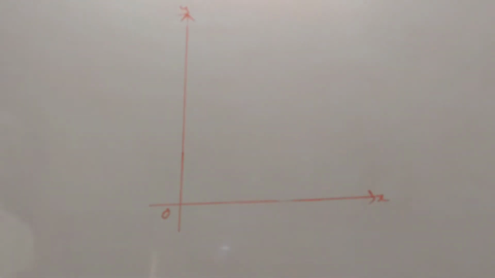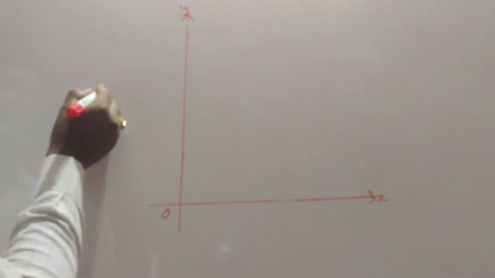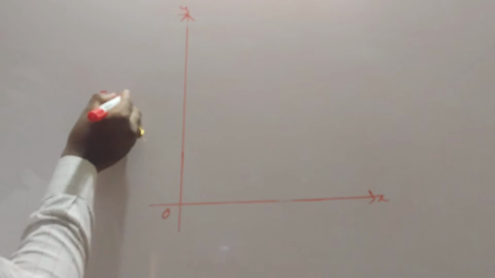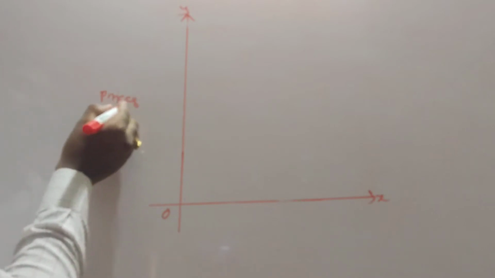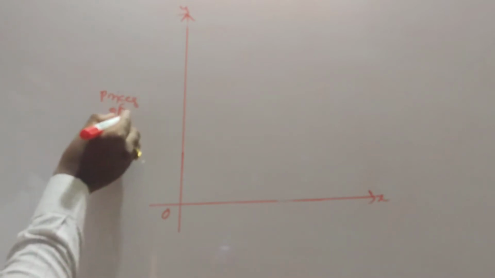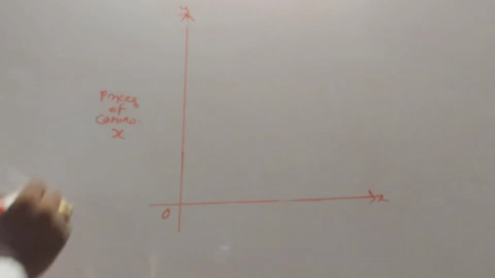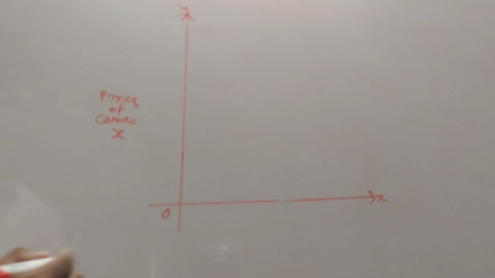Here we measure on the y-axis the prices of commodity X, and on the x-axis quantity demanded in kg.